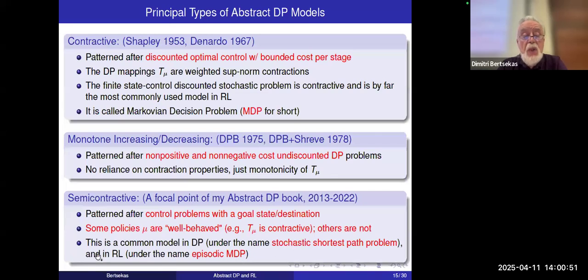And in the reinforcement learning literature, they have also received a lot of attention under the name episodic MDP. An episode is a trajectory of the system that reaches the termination state. So MDP and episodic MDP, or more mathematically, contractive and semi-contractive.